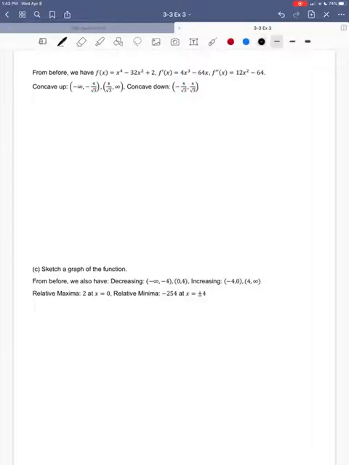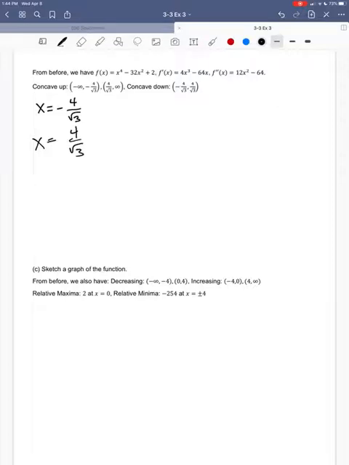So we do have a point of inflection at x equals negative 4 over the square root of 3. So it was concave up, then it's concave down until positive 4 over the square root of 3. But then from 4 over the square root of 3 to infinity, it goes back to concave up. So there's another point of inflection there, at x equals 4 over the square root of 3.